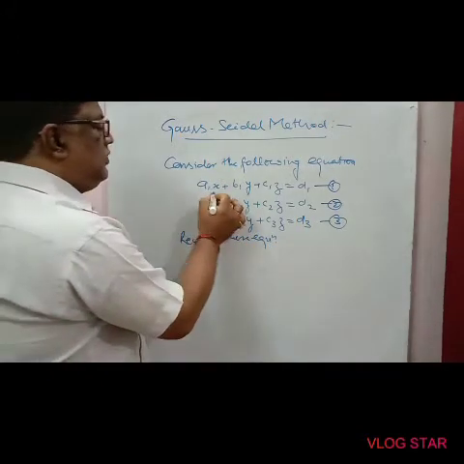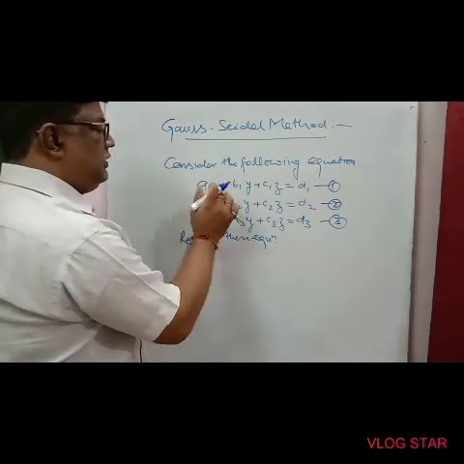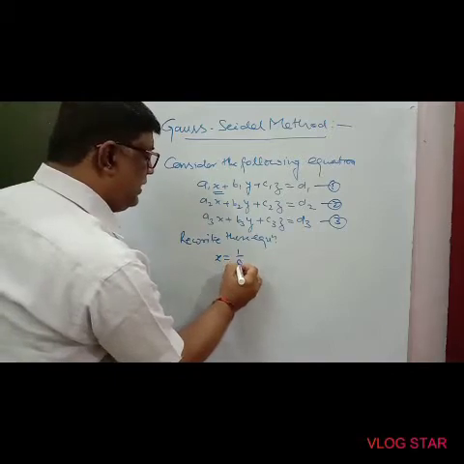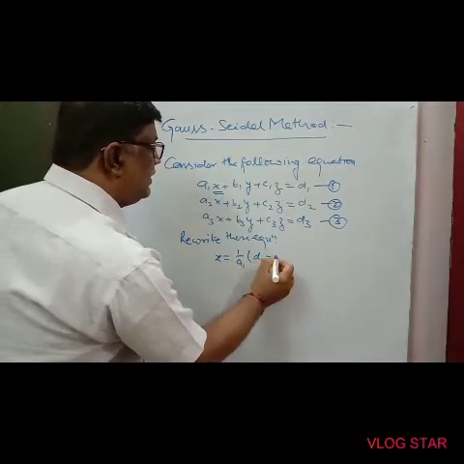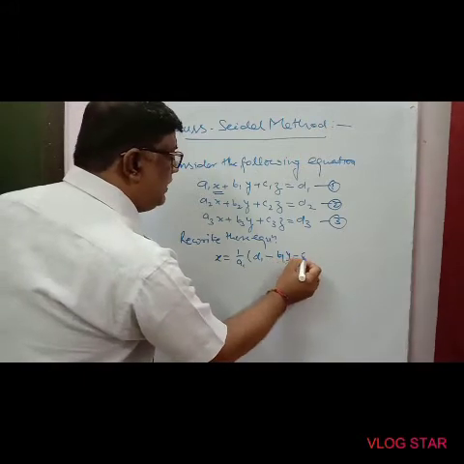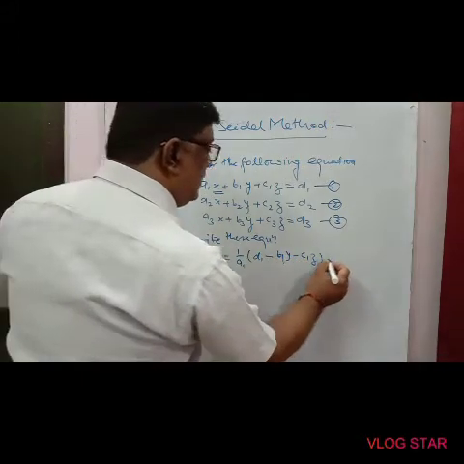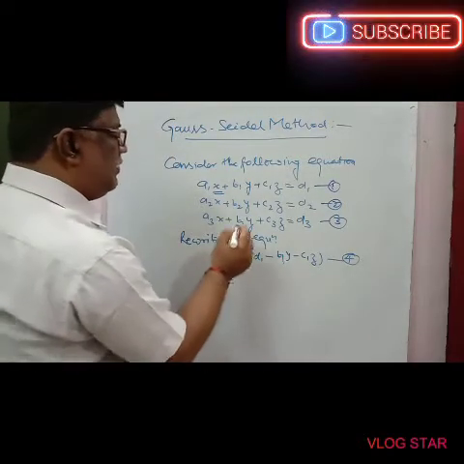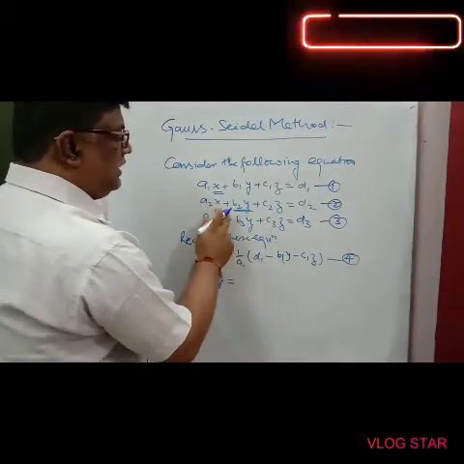in this form. First you have to find x from the first equation. Then write x equal to 1 upon a1 times d1 minus b1y minus c1z. This is equation 4. And you have to find y from the second equation.